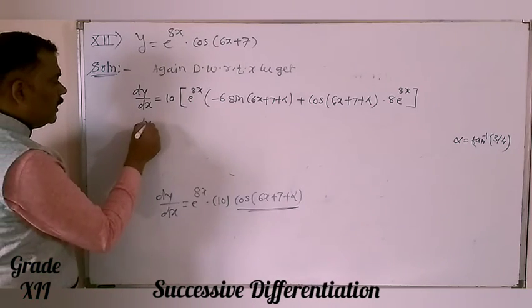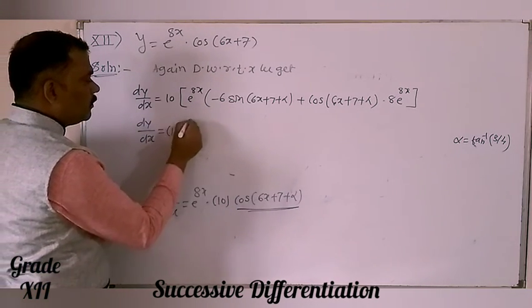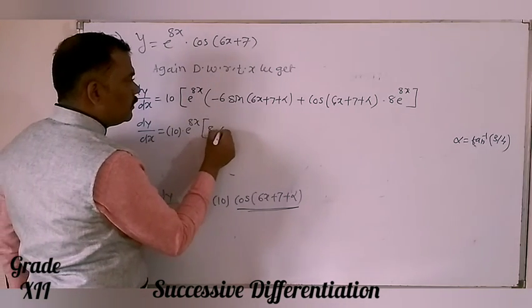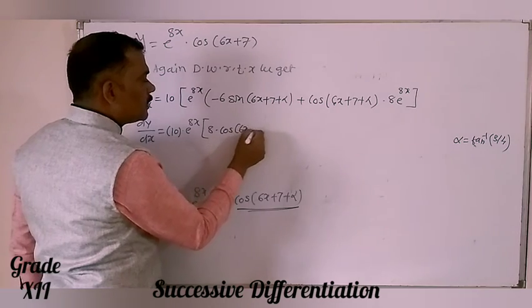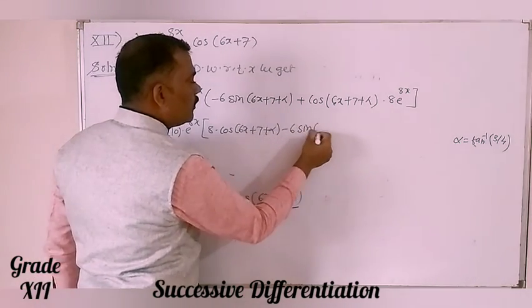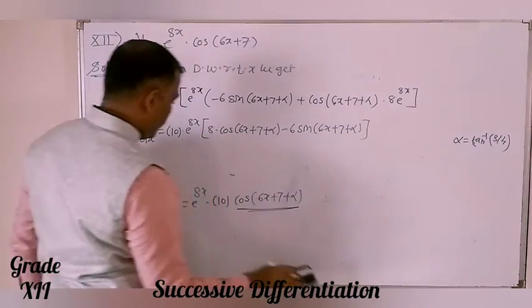So dy by dx is equal to 10 into e raised to 8x, we take the common. We write the positive term first, that is 8 into cos of 6x plus 7 plus alpha minus 6 into sine of 6x plus 7 plus alpha.